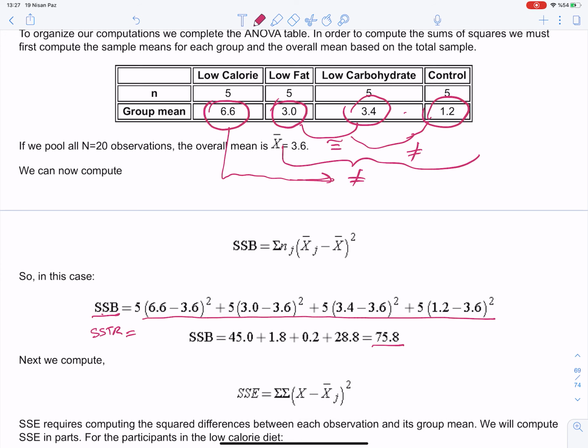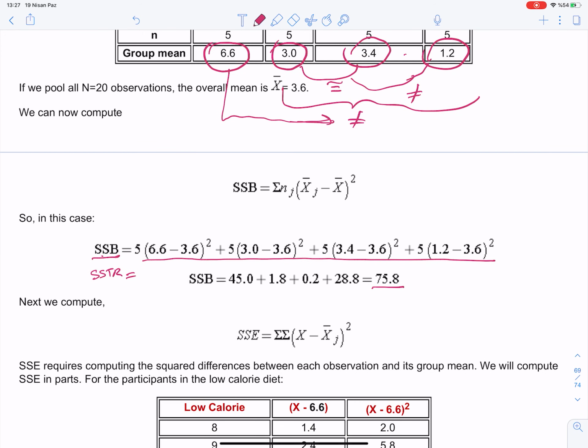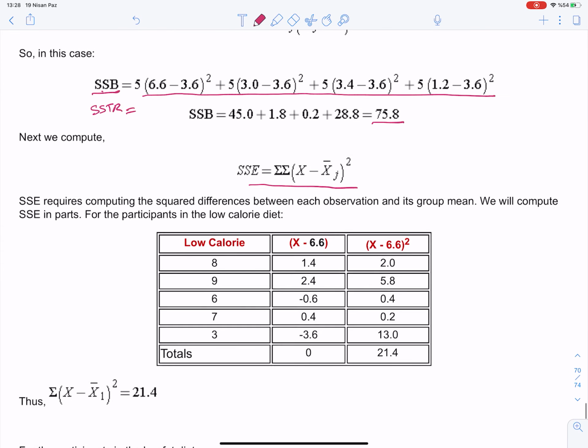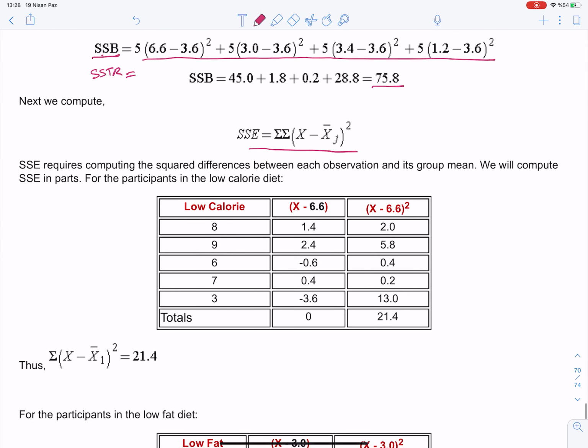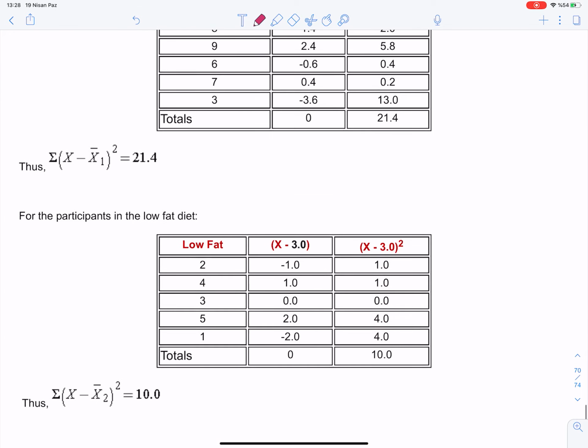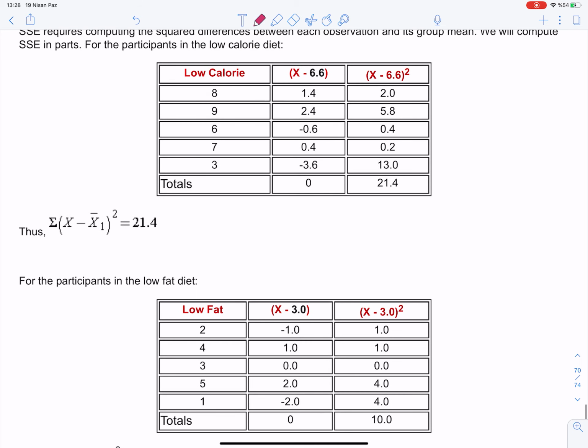75.8. Okay, the sum of squares of the error is very much similar to the one we used in the previous week. To do that, what you do basically is subtract from each group observation its group mean, square it, and sum all this. So in our case, for the first one it is 21.4.